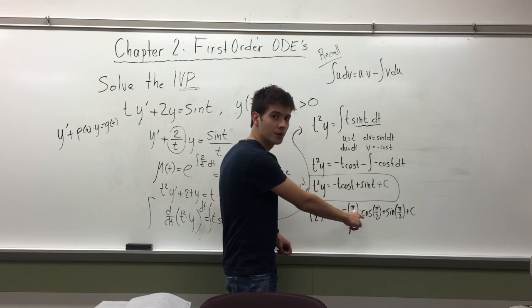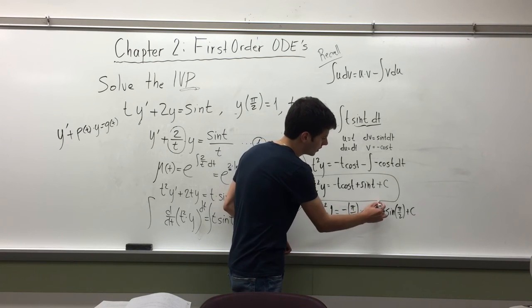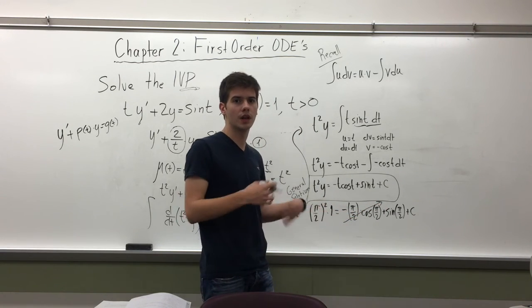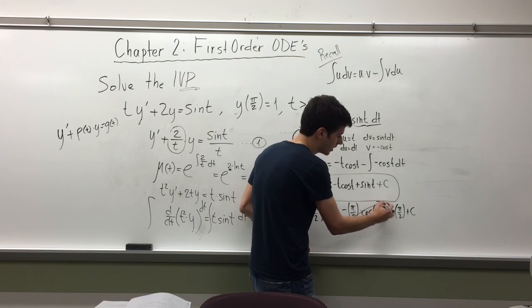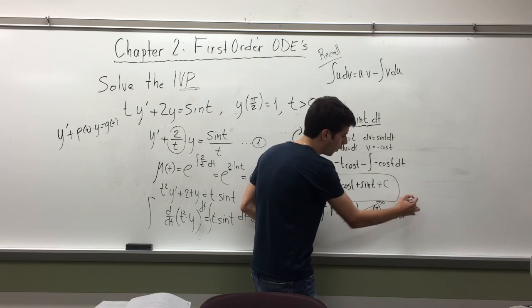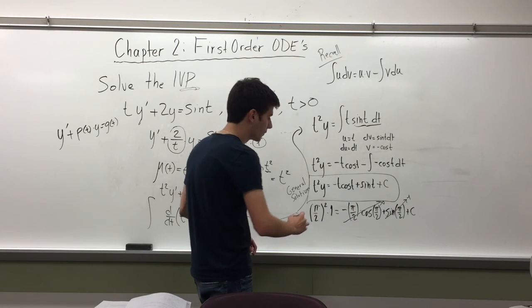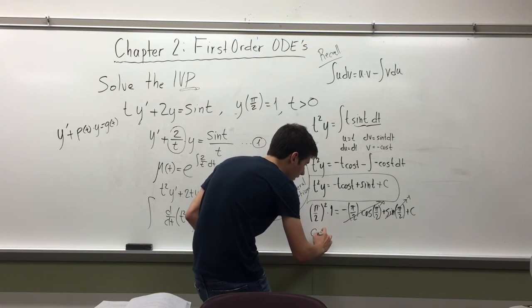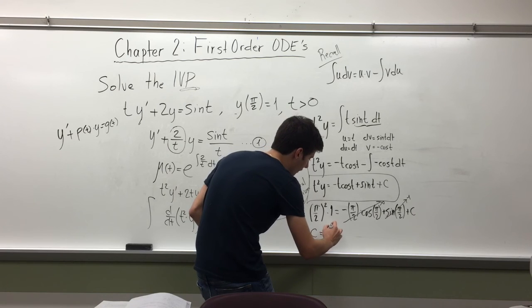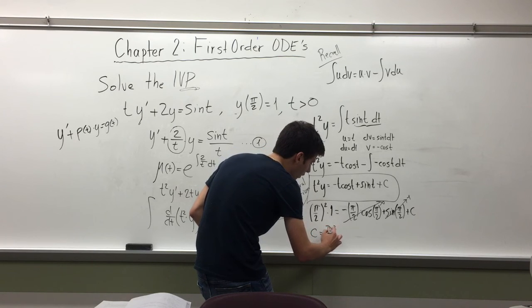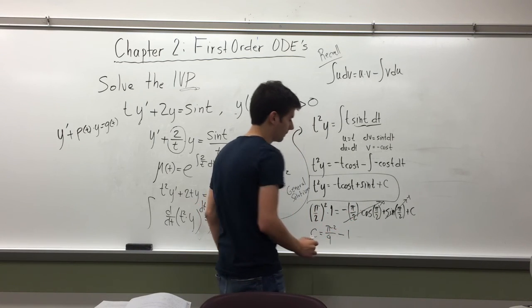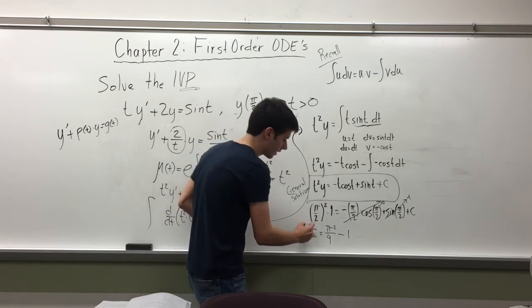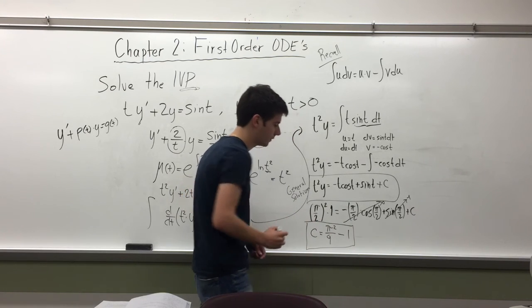Cosine of pi over 2 is equal to 0 using the trigonometric circle, and sine of pi over 2 is equal to 1. So we have that c equals pi squared over 4 minus 1. This is our value of c.